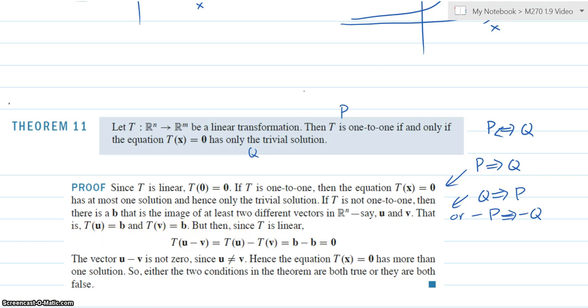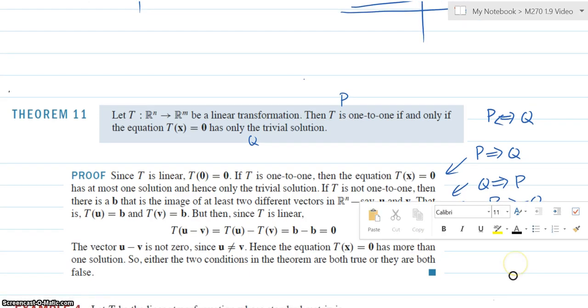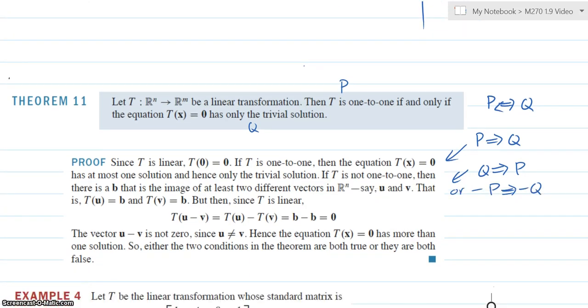And then they look at T of u minus v, which because this is linear, you can write like this, which is b minus b, which is equal to 0. But we said that it is not one-to-one, so u was not equal to v. Therefore, we had a contradiction: not Q. So, therefore, Q implies P.